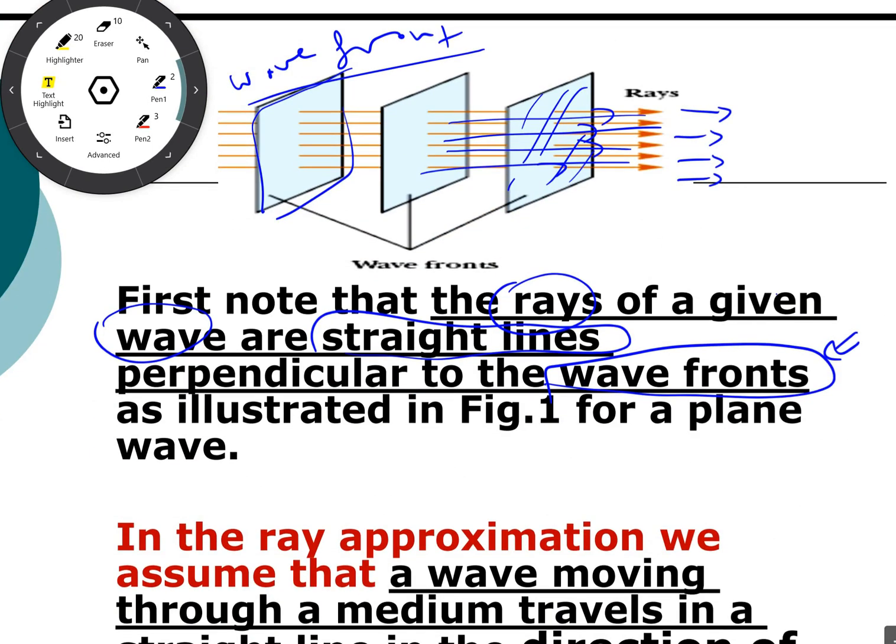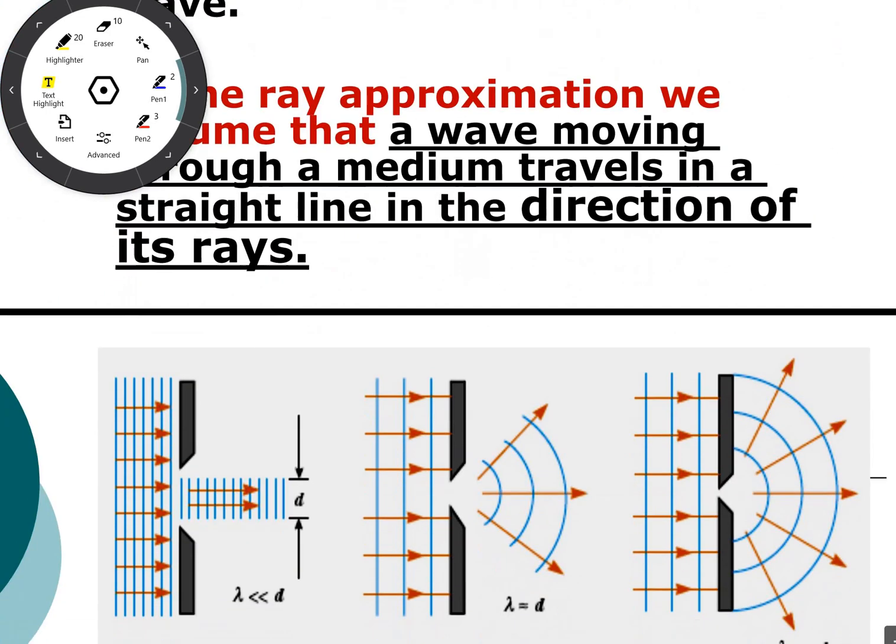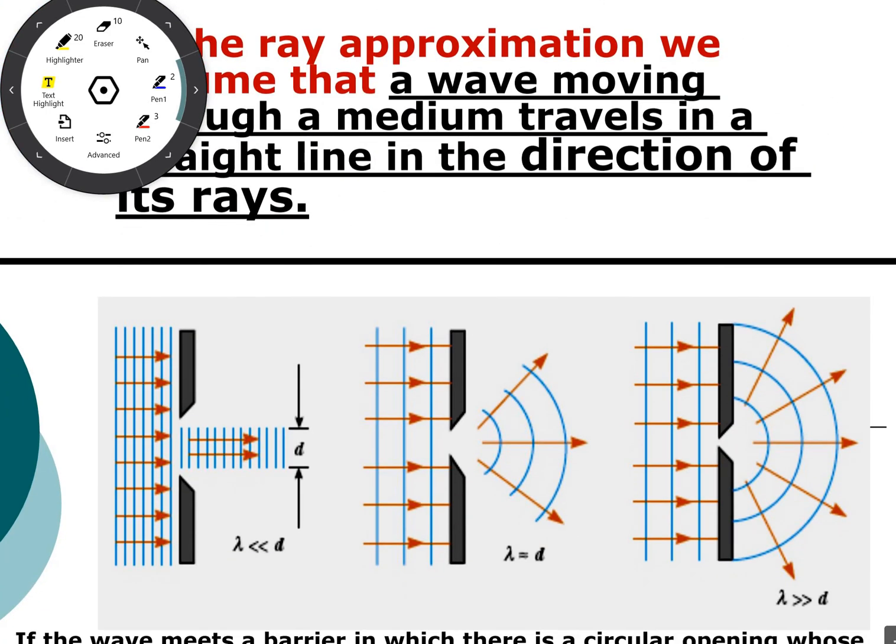And as we said, when the light moves in the same medium, it always moves in a straight line until the light tries to propagate through a small opening or a small hole. So we have three cases.